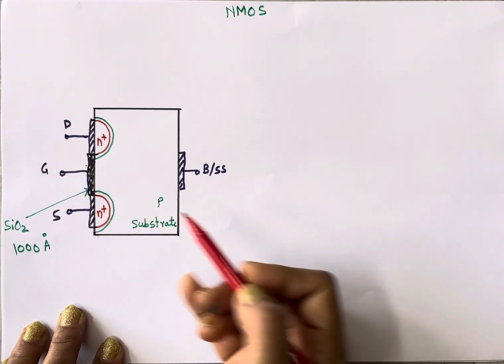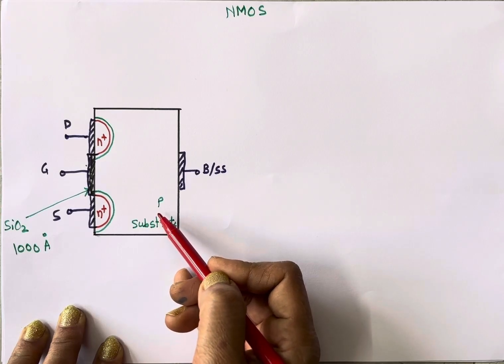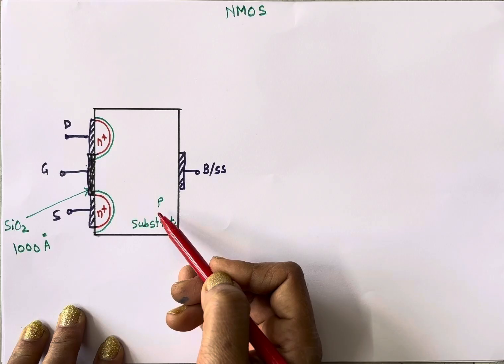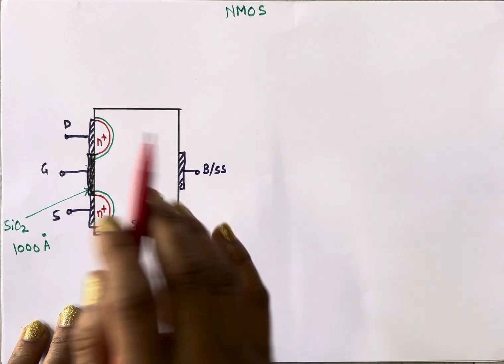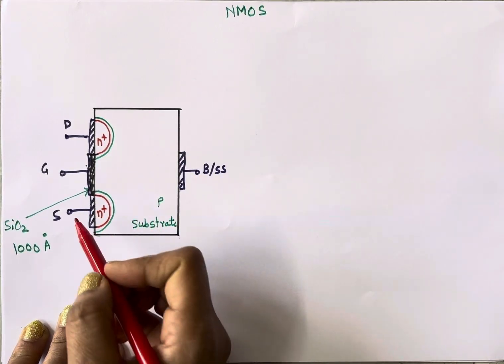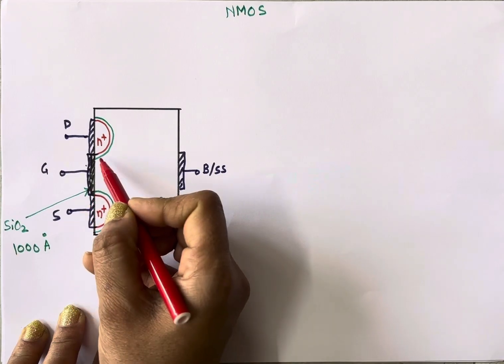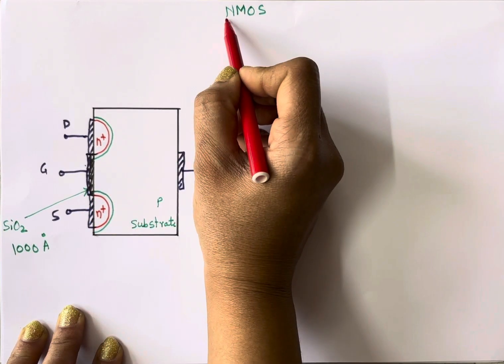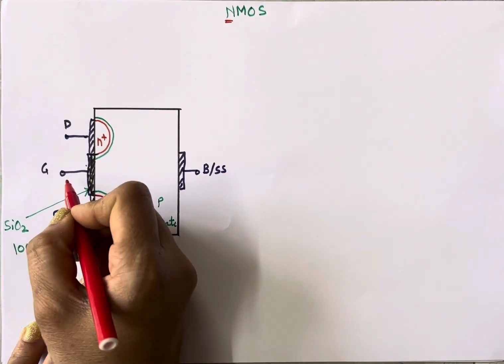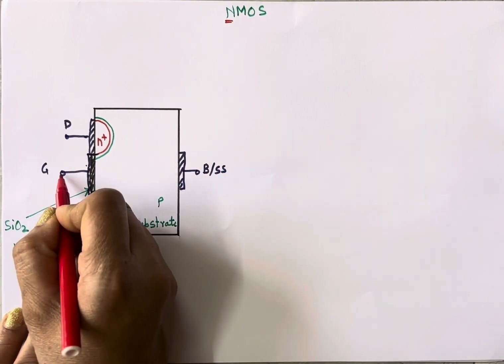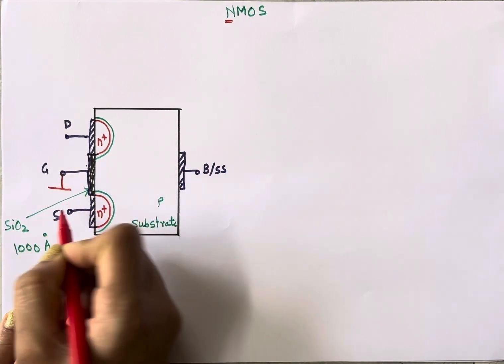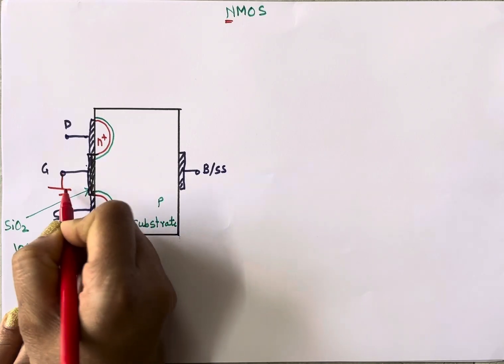So here in P substrate, majority charge carriers are holes and minority charge carriers are electrons, and then there are immobile ions also. So here to create negative channel, this is N channel MOSFET. To create negative channel we apply positive voltage to gate terminal.